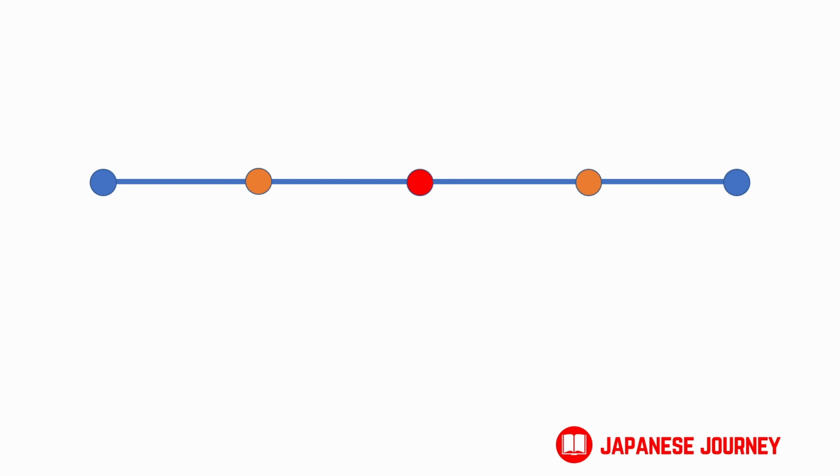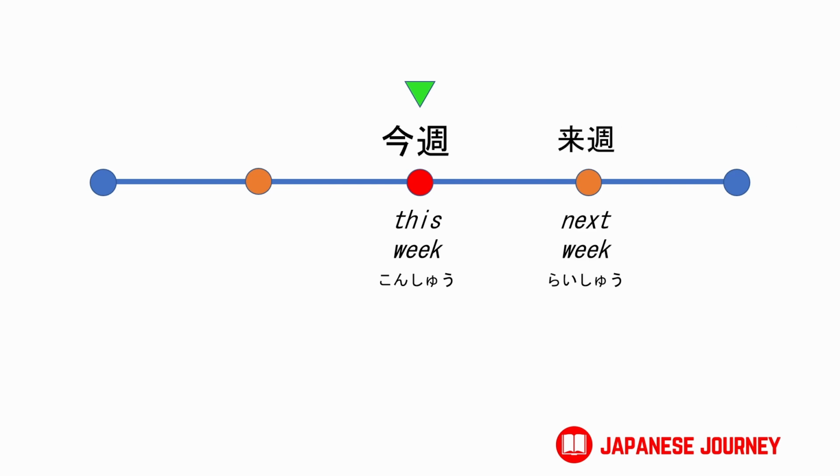In this timeline, we will start with the present moment, which is this week. In Japanese, this week is 今週. If we go forward into the future, 1 week from now, it is 来週 which means next week. And if we go further into the future, 2 weeks from now, it's 再来週.